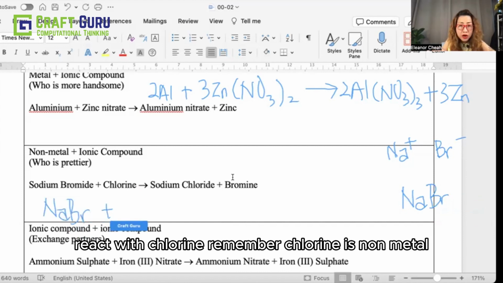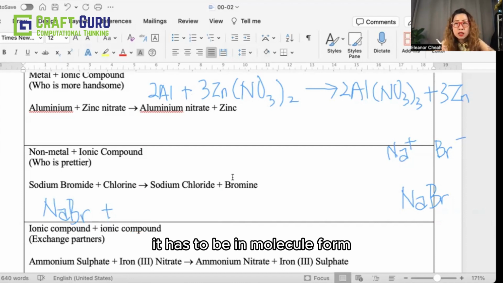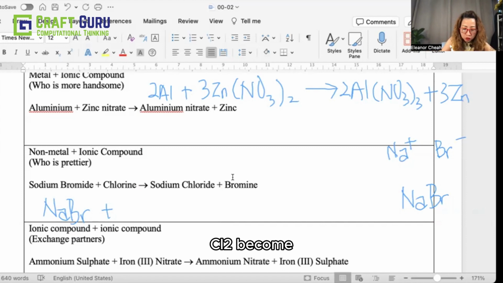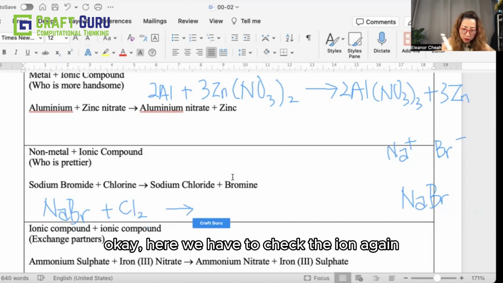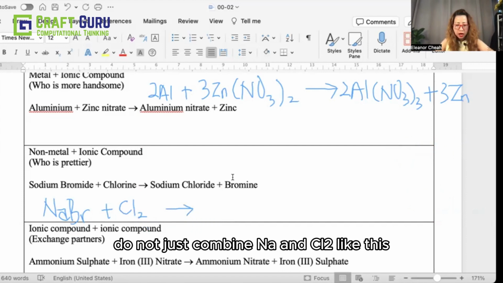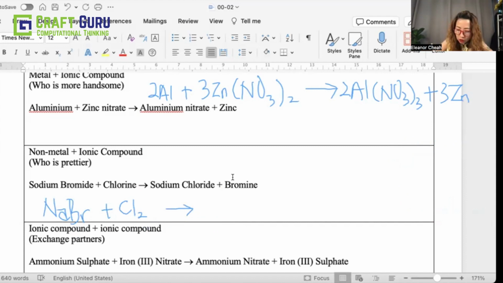React with chlorine. Remember, chlorine is non-metal, it has to be in molecule form. So Cl2 becomes... okay, here we have to check the ion again. Do not just combine Na and Cl2 like this.